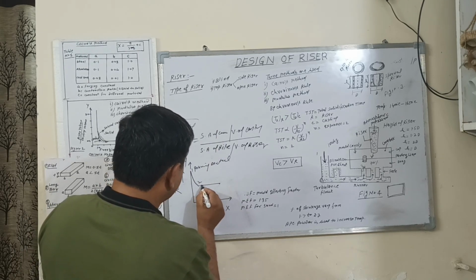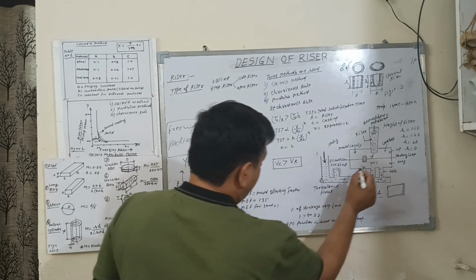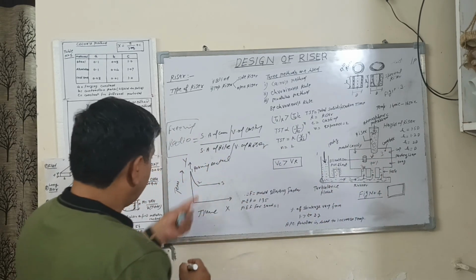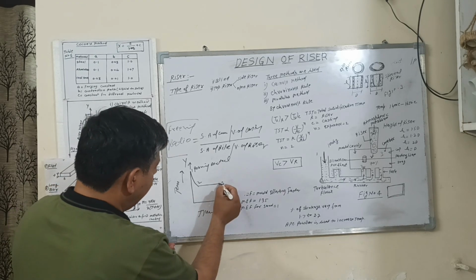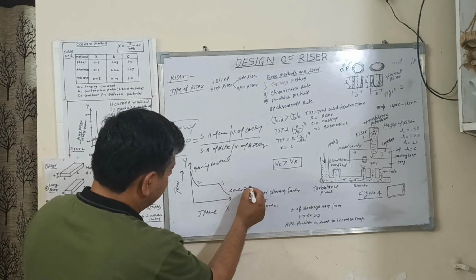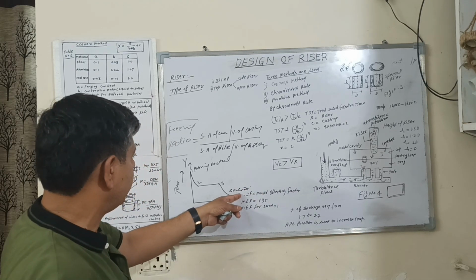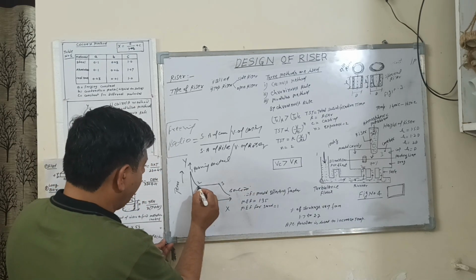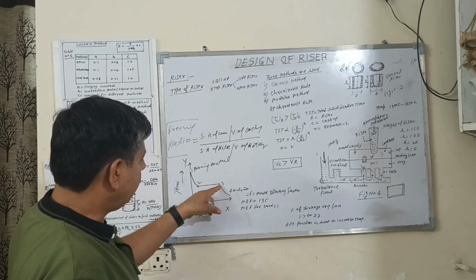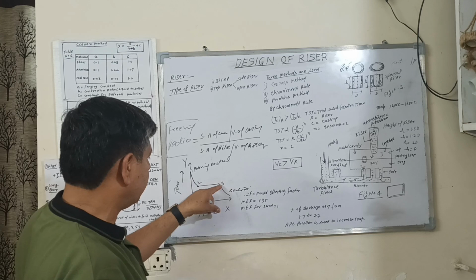This solidification starts and continues up to the third point, and then suddenly drops. This is the complete solidification of this material. So at point 2 the solidification starts and ends here at point 3.